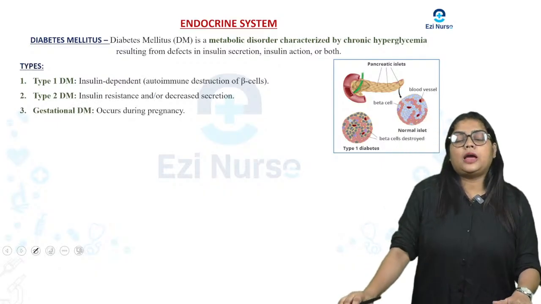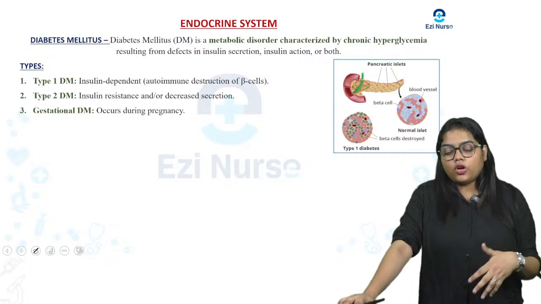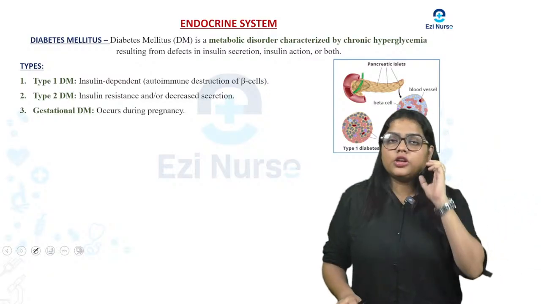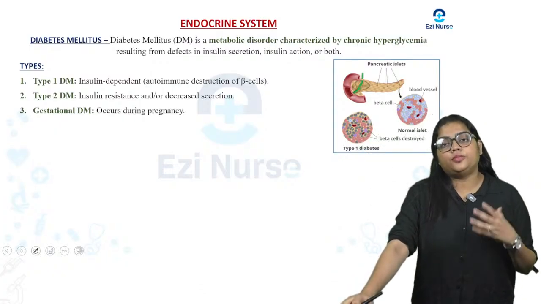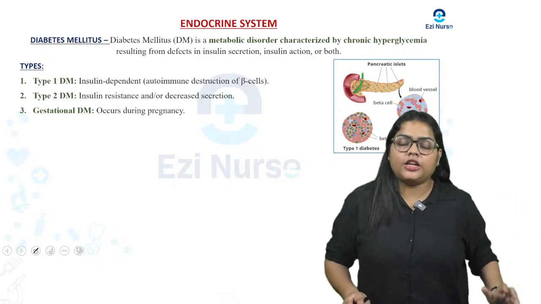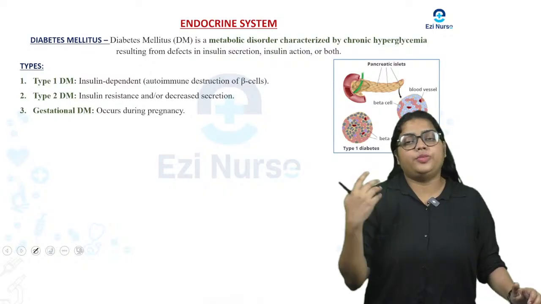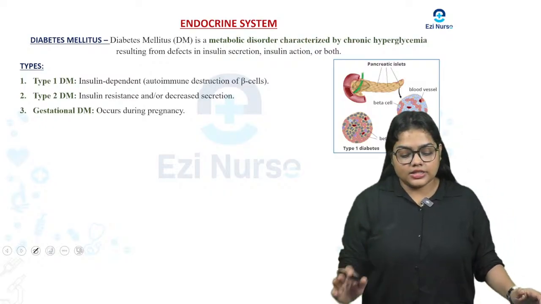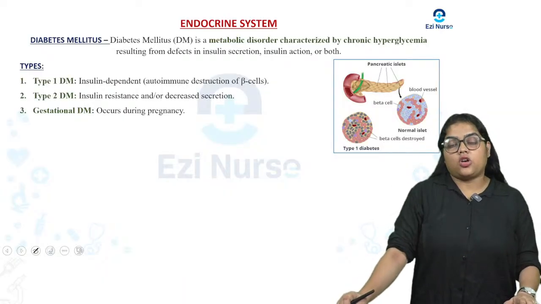So what will happen when the carbohydrate, in the sense the smallest form, which is glucose, is not absorbed in the blood properly, or the metabolic reaction does not happen? It will not be used, right? So it will stay in the blood, and continuously the amount of glucose will increase in the blood. It can be due to less insulin secretion or insulin action, or sometimes both. So that is called diabetes mellitus.